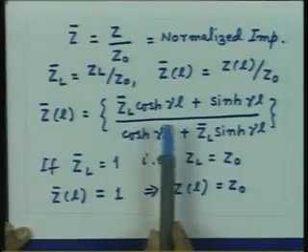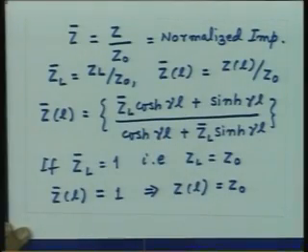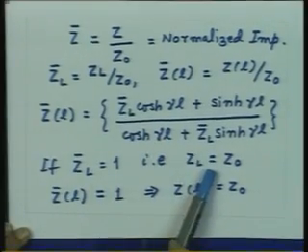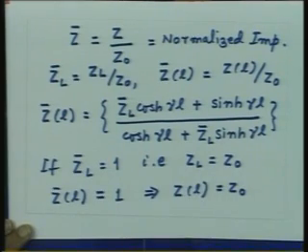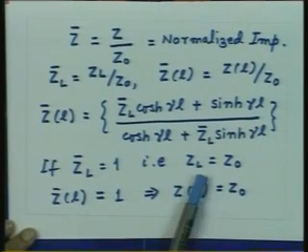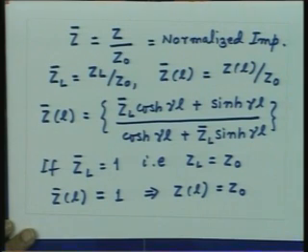Now, maybe with this property of the match condition, we may give some physical meaning to the characteristic impedance. So, I can define now the characteristic impedance as that impedance with which if the line is terminated, then the impedance measured at any point on the line is equal to the terminating impedance.